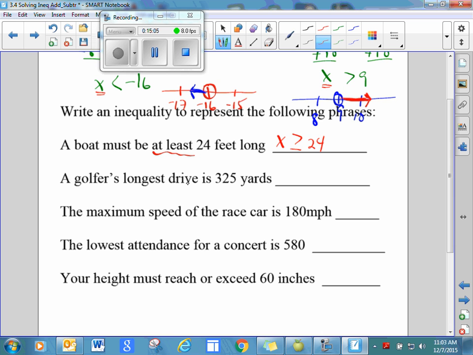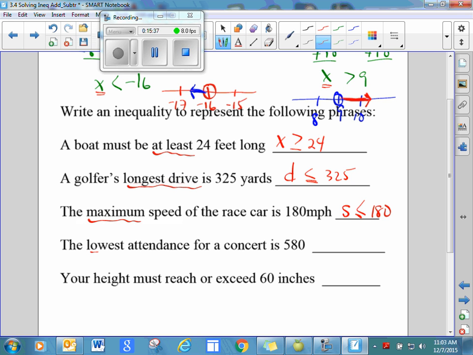A golfer's longest drive, that's as far as he's ever gone, is 325. So his drive could be less than that or equal to that, but he doesn't have anything greater than 325. That's what this inequality says. The maximum speed of the race car is 180. So the speed can be less than 180 and it can be 180, but you can't go faster than that.